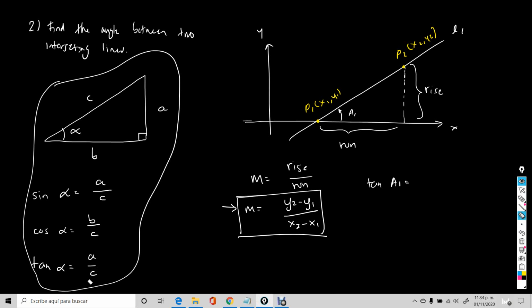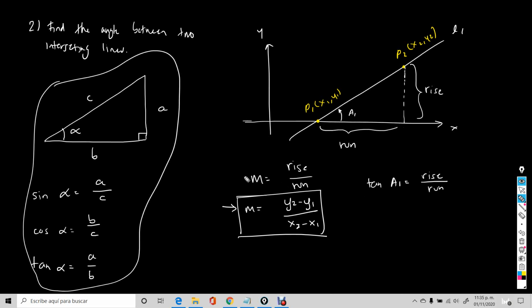So sorry. This is B. The tangent of an angle is its opposite side over its adjacent side. There you go. I made a mistake. I'm so sorry. And we can employ this definition over here. The tangent of this angle, the tangent of angle 1, will be equal to this bit, which is known as rise, over this bit, this cathetus, which is known as the run.